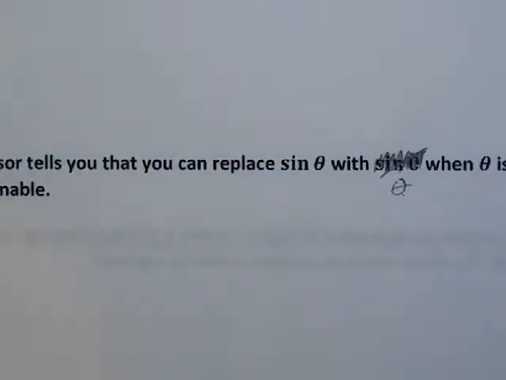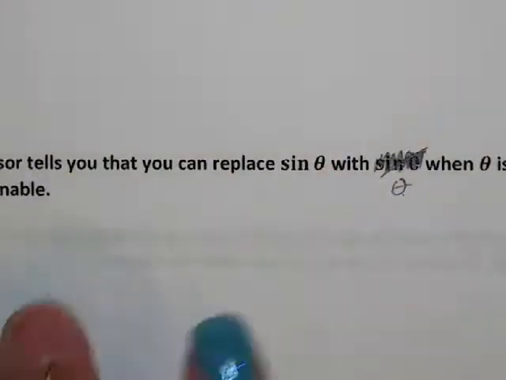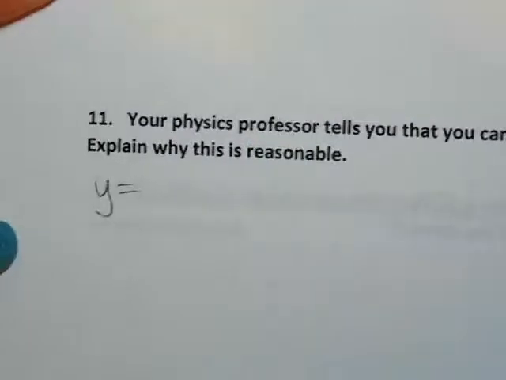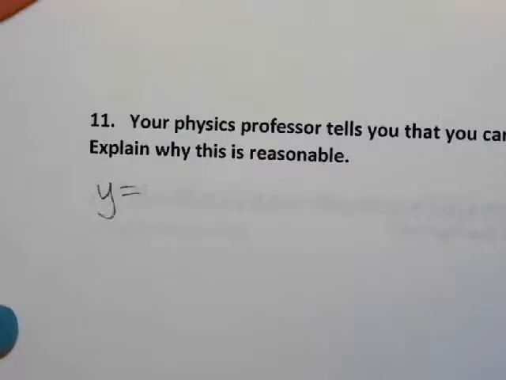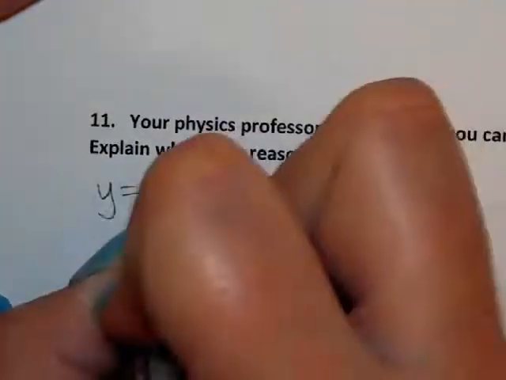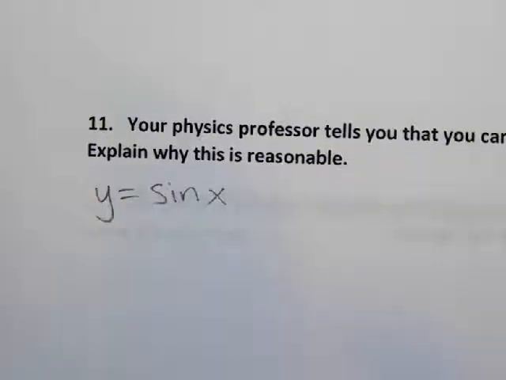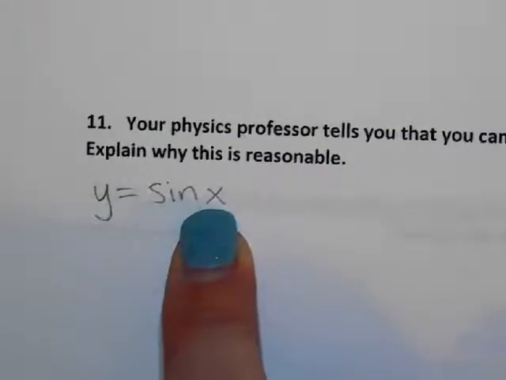Okay, so what function are we working with? What function did they mention in the problem? Sine, okay. And then what value are you plugging in for x? 0. That's the value that they're talking about being close to.